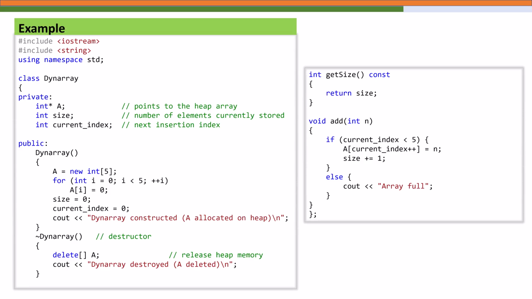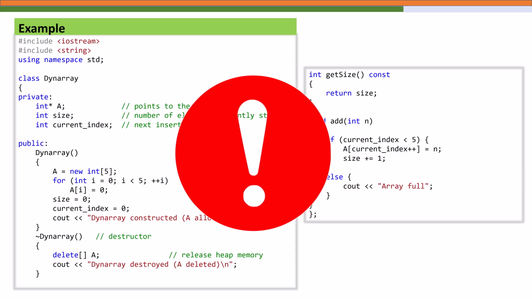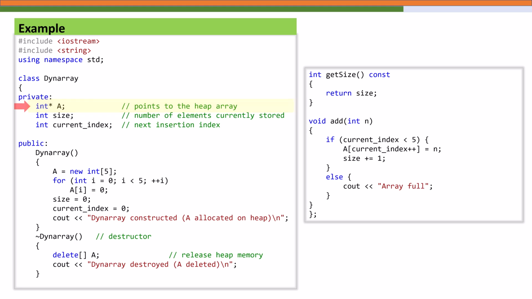If we fail to free heap memory, our program leaks memory and can cause problems in long-running systems. Now before we run this example, let's take a closer look at the data members of this class. First, notice a pointer A. It doesn't store actual numbers, it simply points to an array that lives on the heap.